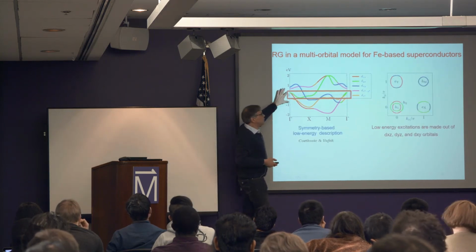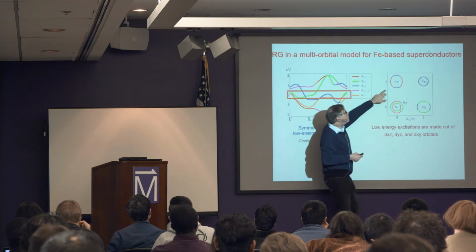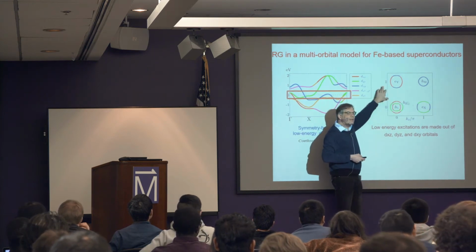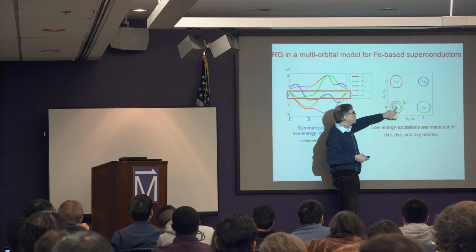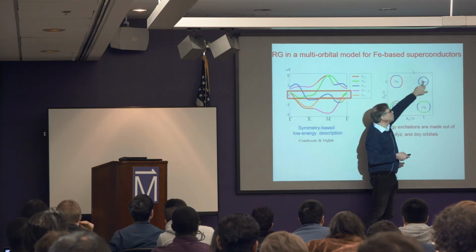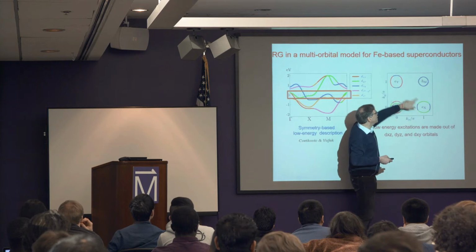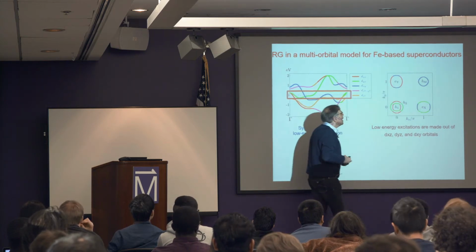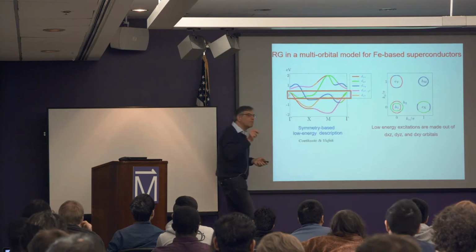But even if you do this, if you ask what these Fermi surfaces are, now we have 2 hole pockets, this is the one iron zone, 2 hole pockets at the gamma point at 0, 1 hole pocket at pi pi, 2 electron pockets here at the points 0 pi and pi 0, and different colors are different orbitals.